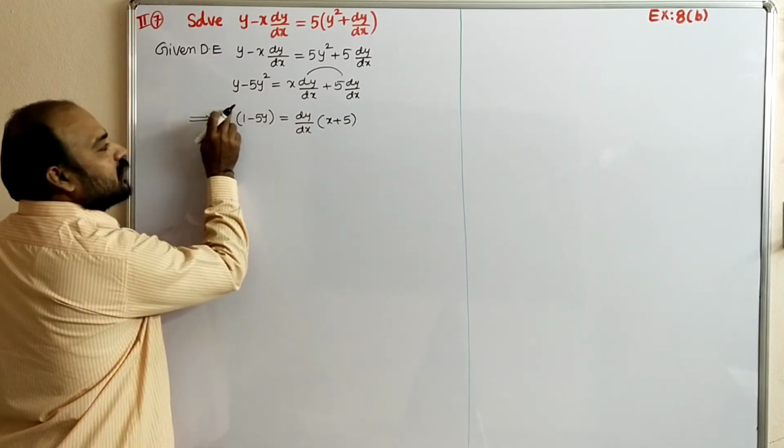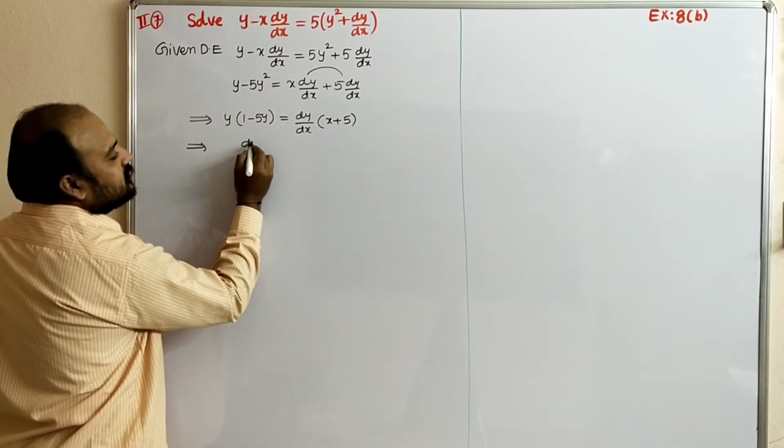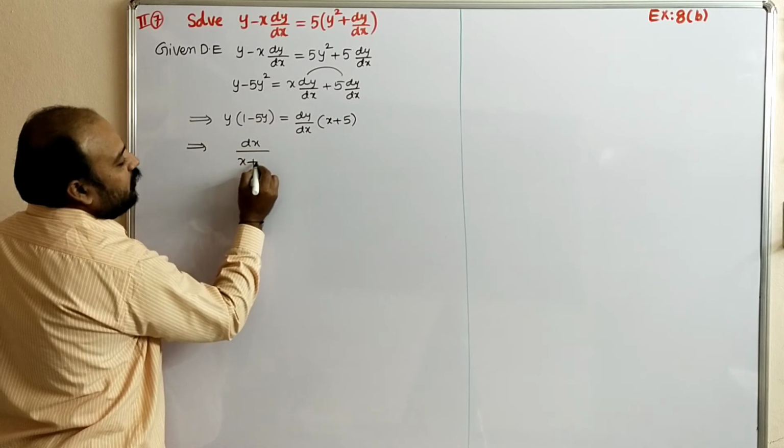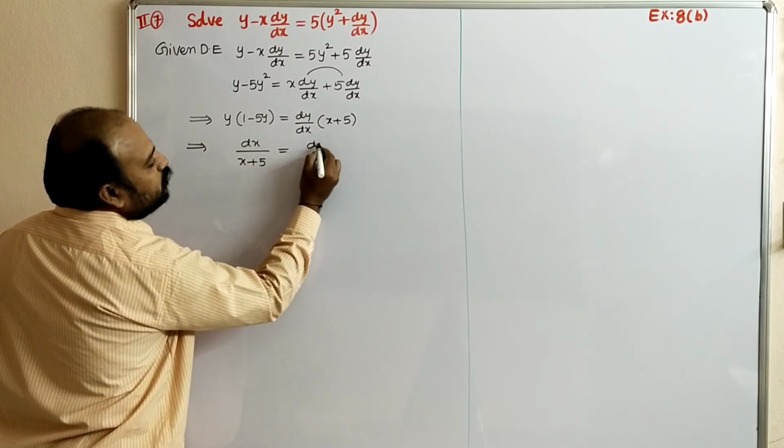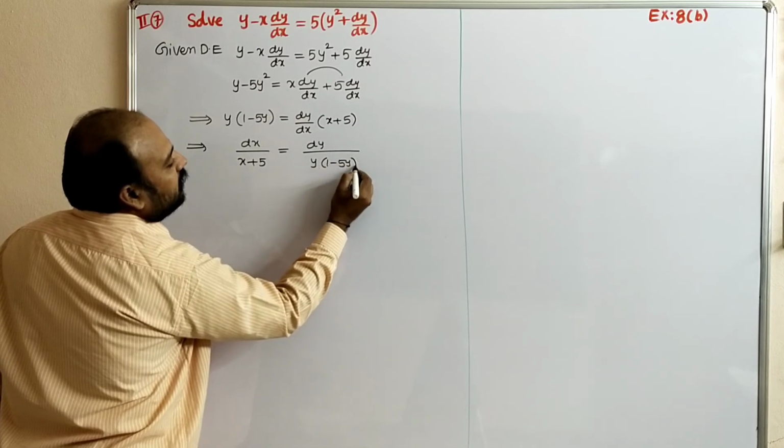So now dx I am taking this side and x plus 5 I am taking here. So dx divided by x plus 5 is equal to dy by y into 1 minus 5y.